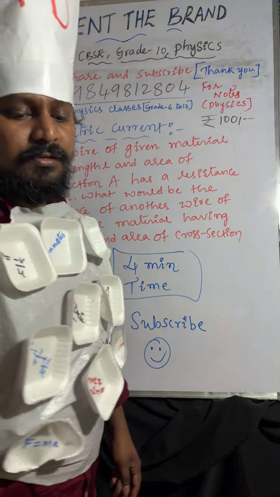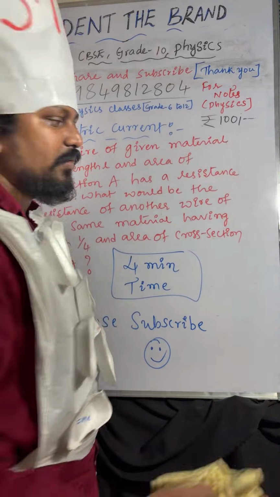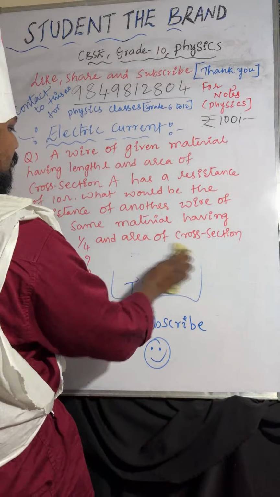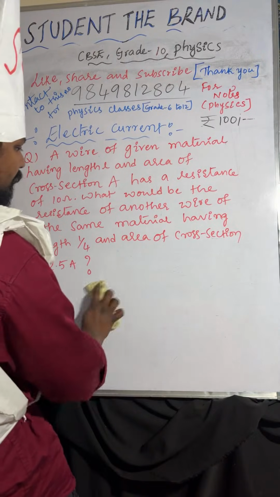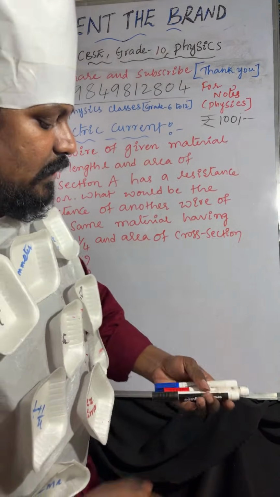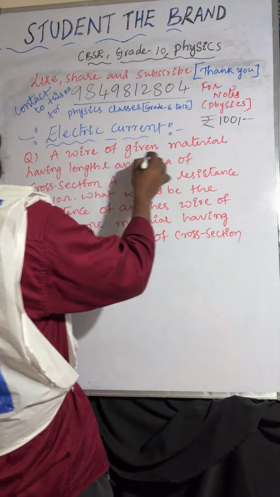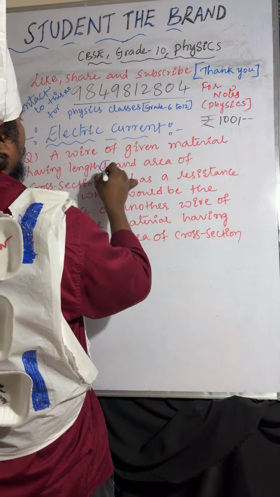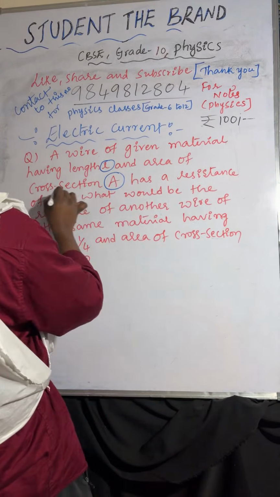So very good, those who said one is the correct answer. How it will be, I'll explain. Here you have to observe one thing: first you have to underline what is given. A wire of given material having length L and area of cross section A has a resistance.